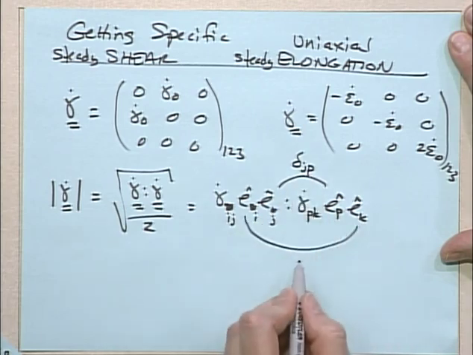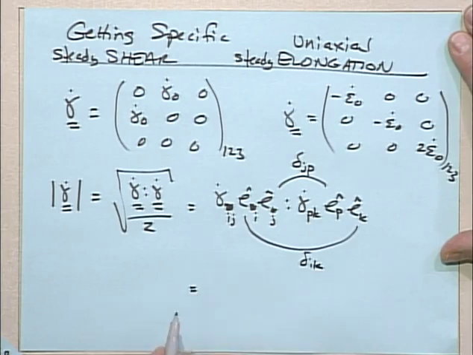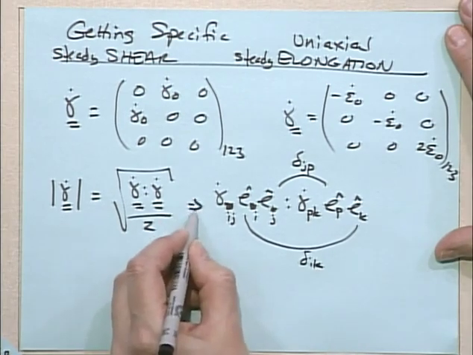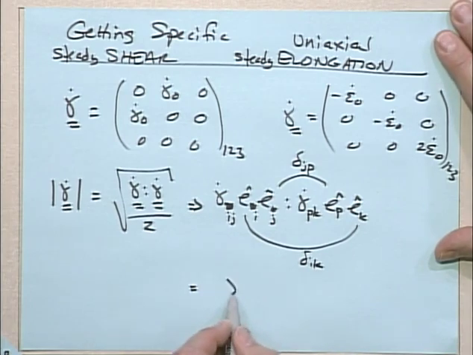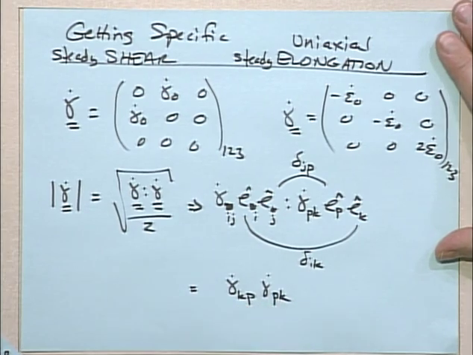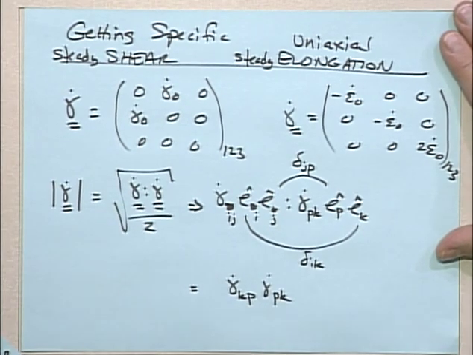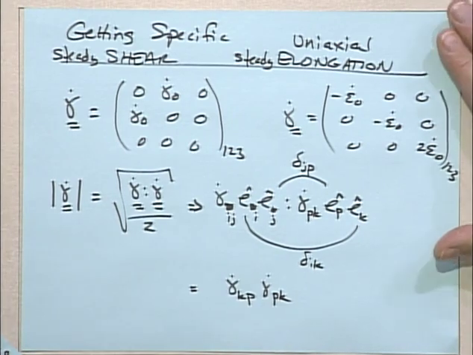And the 2 farthest, that's delta ik. So I've got gamma dot ik becomes, j becomes p, gamma dot pk. No unit vectors left over because this is the scalar product of 2 tensors. It leaves a scalar result. It's going to give us a number. The magnitude is going to be this number divided by 2 square root.